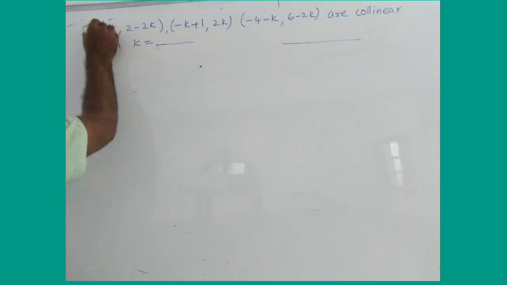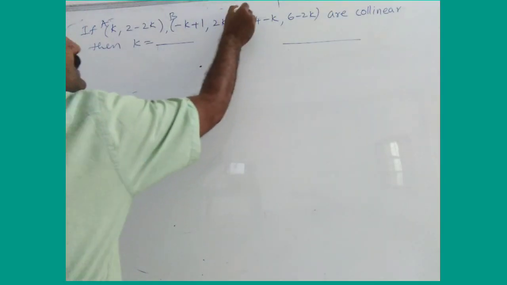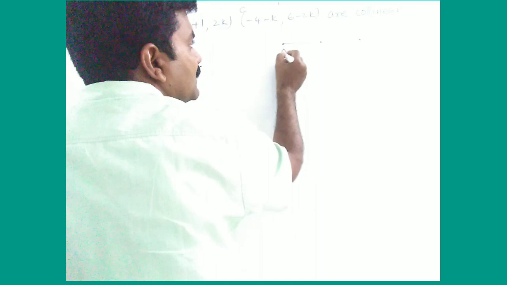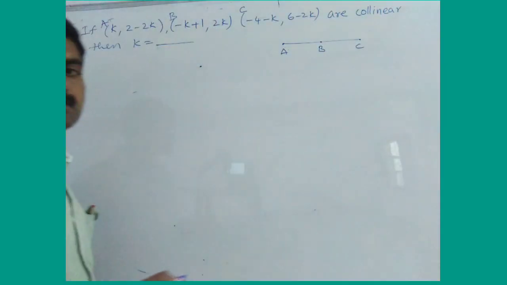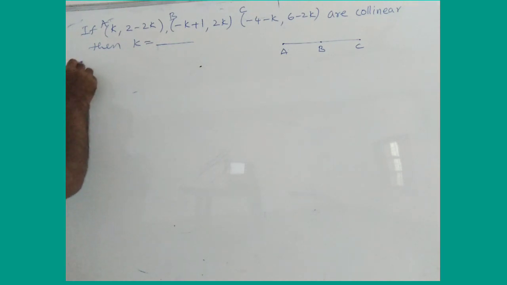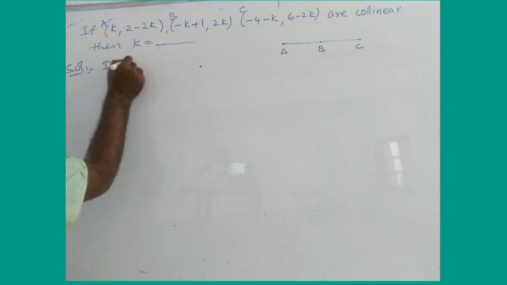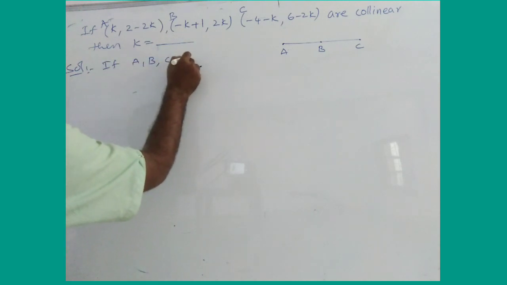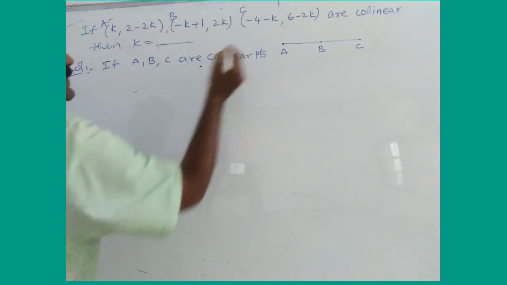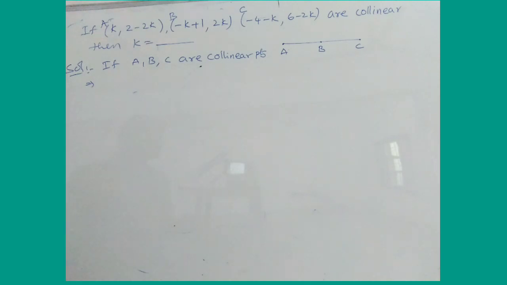Given that points are collinear, suppose you assume the given points as A, B, C, then collinear means they lie on a same line. If A, B, C are collinear points, that implies they lie on a same line, then no triangle is existing, no?